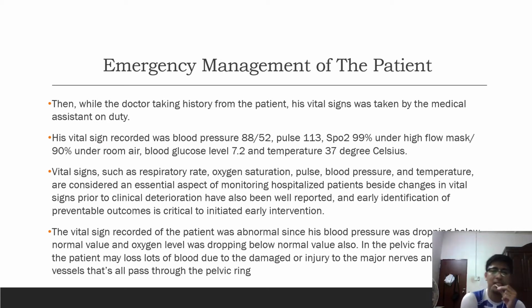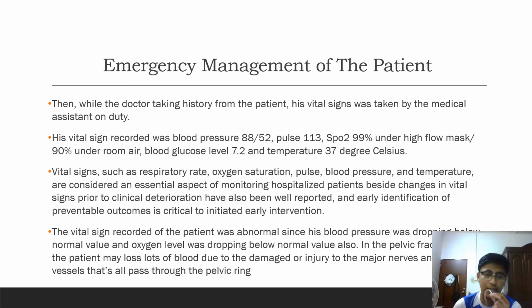Vital signs such as respiratory rate, oxygen saturation, pulse, blood pressure, and temperature are considered an essential aspect of monitoring hospitalized patients. Besides, change in vital signs prior to clinical deterioration have also been well reported, and early identification of preventable outcomes is critical to initiate early intervention.